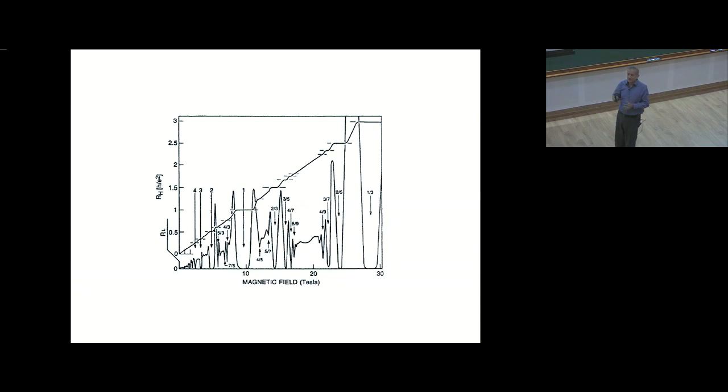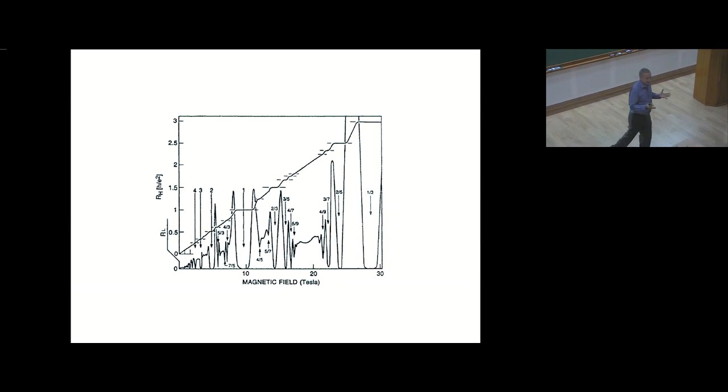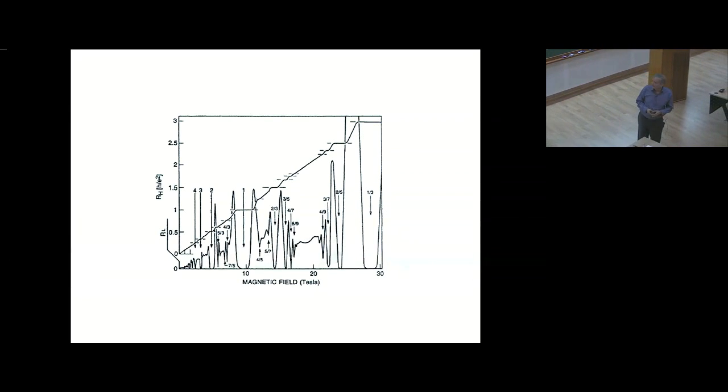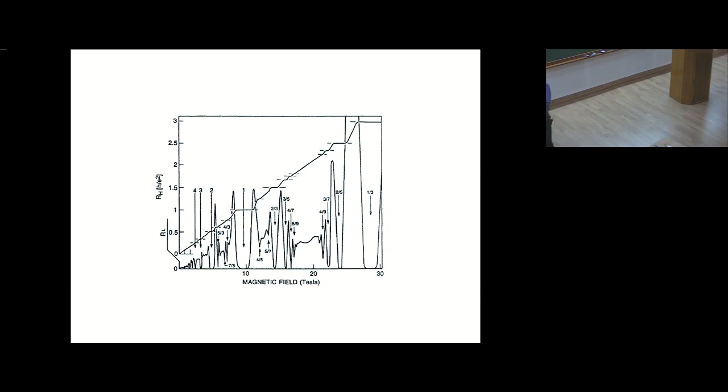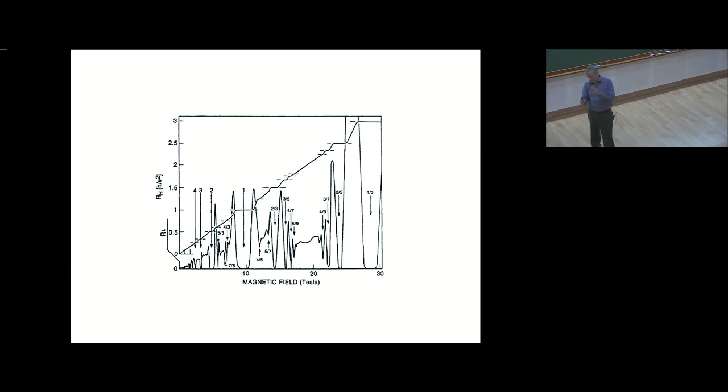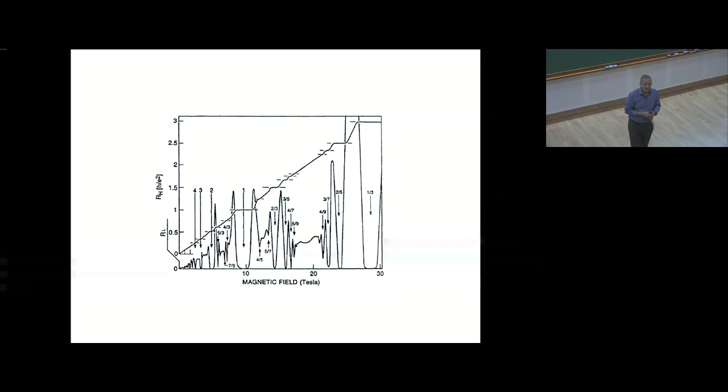In fact, the theory of the fractional Hall effect must answer why these are the fractions which are seen. Why do we have odd denominator fractions? Why don't we have even denominator fractions?